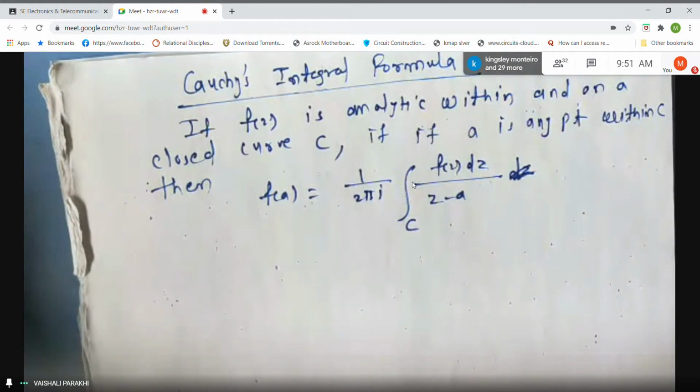Okay. Now see, for example, let us take a simple one.